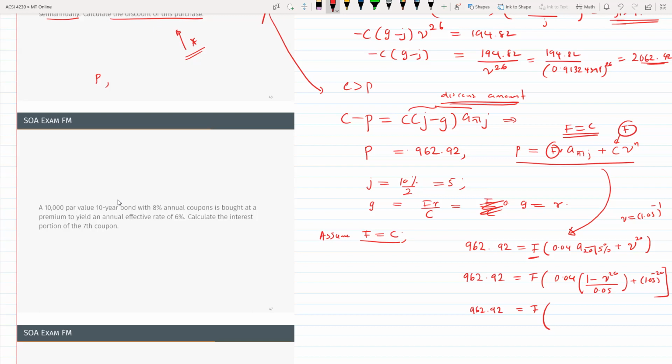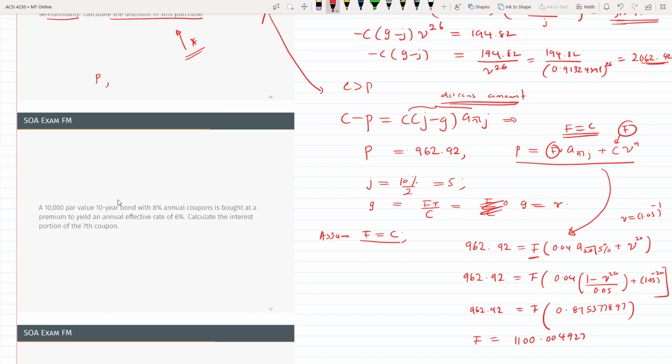So this one becomes 0.875377897. Then the face value becomes what? 962.92 divided by that number, which is 1100.